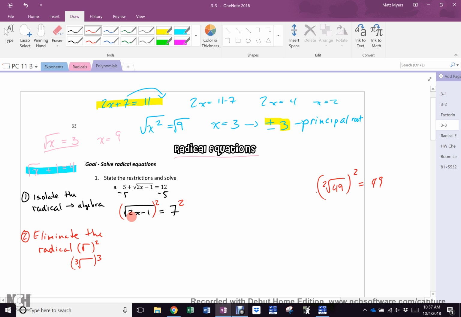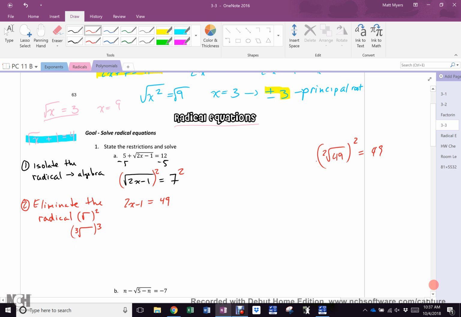So the square root of 2x minus 1 squared is what? 2x minus 1 equals what? 49. So now we've eliminated the radical. But we got to remember both sides. And then what is step 3? Minus 1. Well, isolate the variable now, yes?